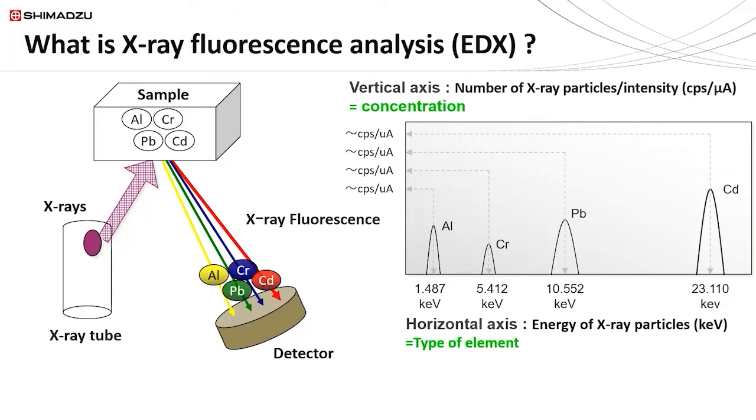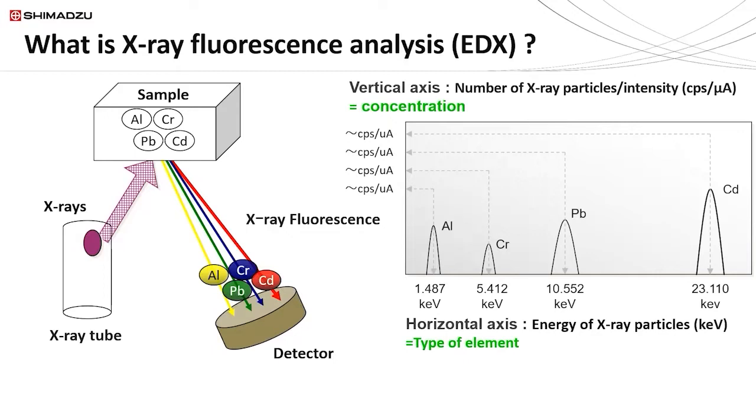When the atom is excited by the primary, incident X-ray beam, the excited atoms must relax. This electronic relaxation results in the emission of what is called a secondary X-ray, also known as a fluorescent X-ray. They're secondary because they're the second X-ray coming from the primary X-ray, but they're also called fluorescent X-rays.